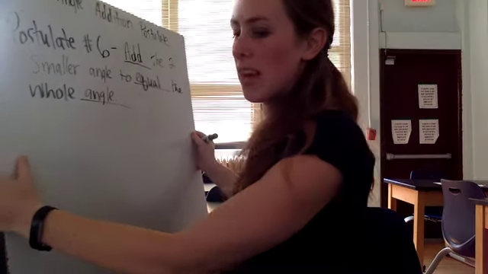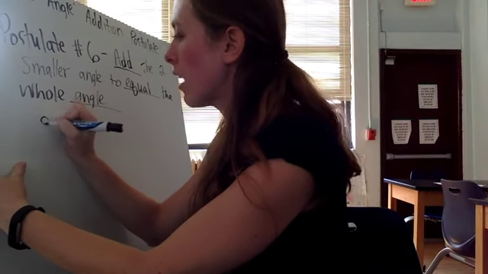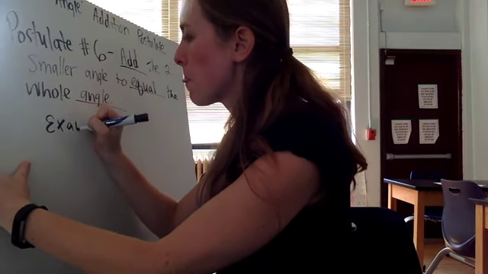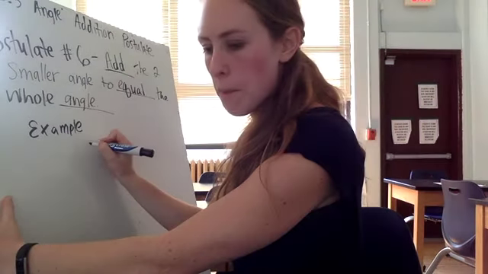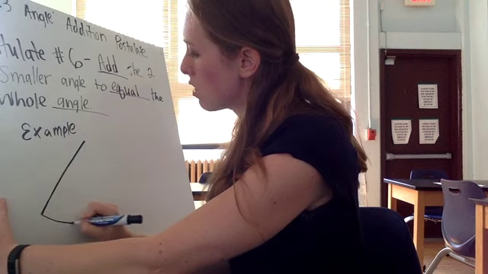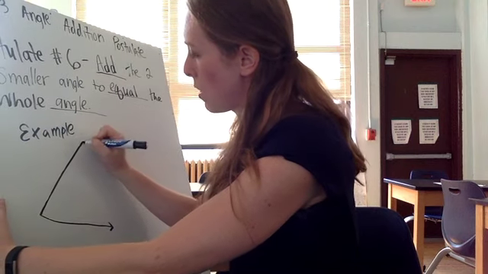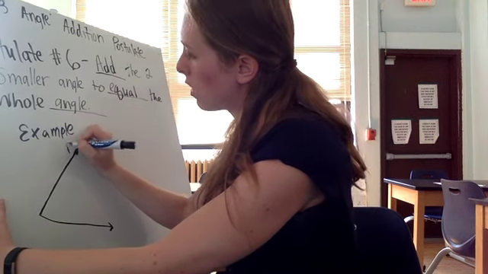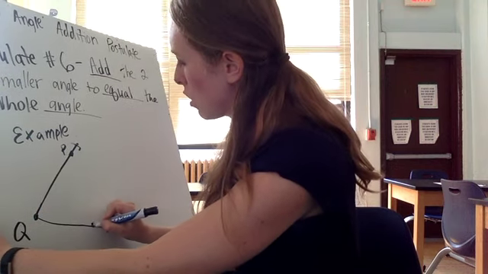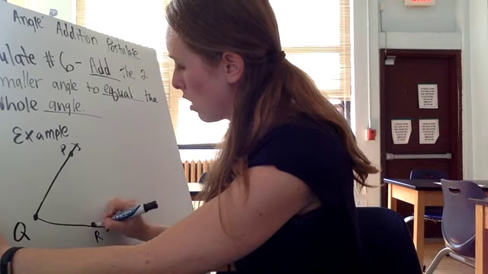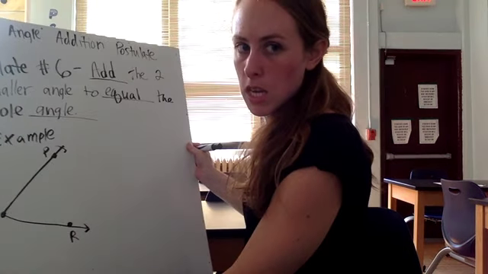Here is the example, and you want to draw everything that I draw. So example, we are going to use the angle PQR. P is the point up there, Q is the vertex, and R is that point down there, PQR.